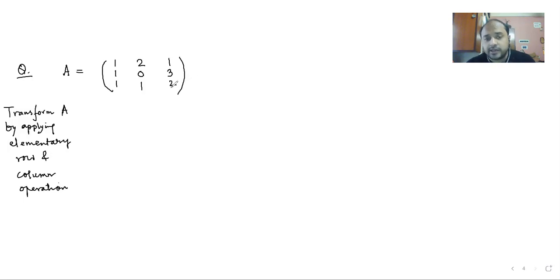And whenever you transform the matrix, if you are going to write another matrix, put this sign. It is called tilde. I have said earlier also, this tilde means equivalent to. So let us try to find out a form. Let me not talk about the form right now, I shall talk about it later on. First of all, let us do it.